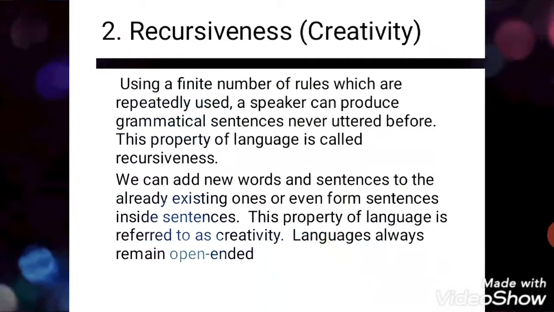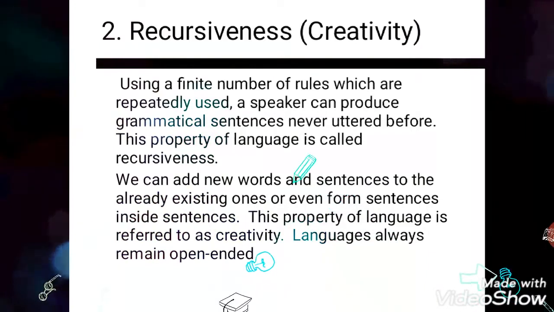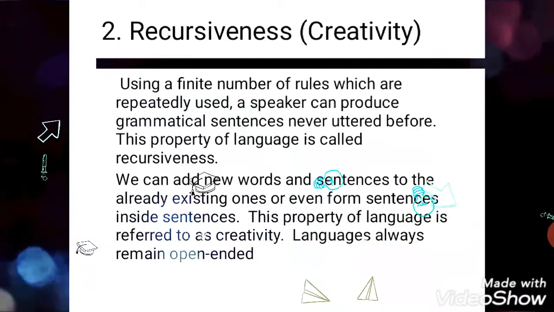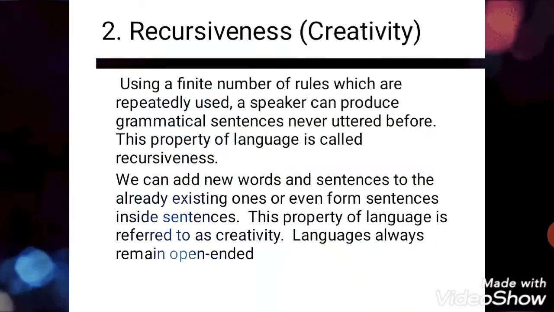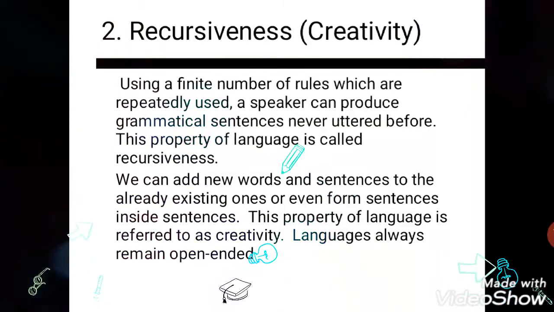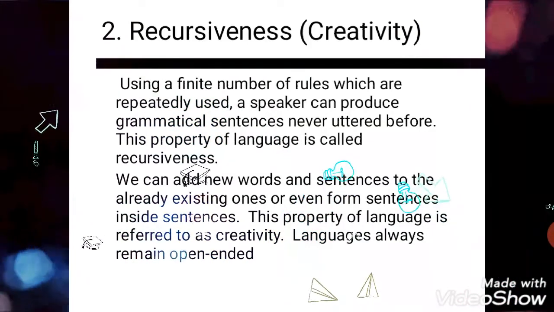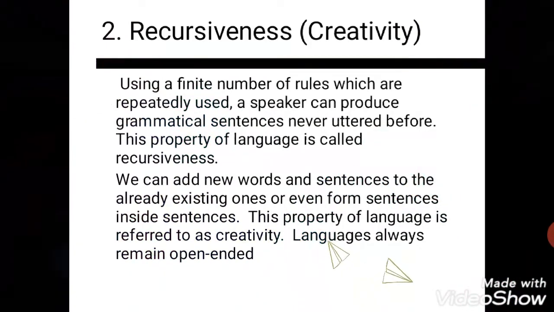There is no limit to the length or number of sentences a speaker can produce. Using a finite number of rules which are repeatedly used, a speaker can produce grammatical sentences never uttered before. This property of language is called recursiveness or creativity.